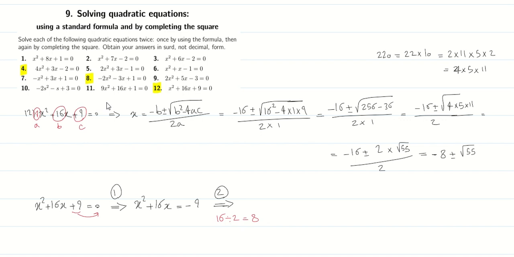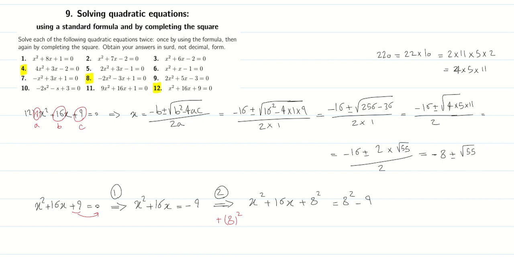Then if you square it, it would be equal to 8 squared. So I have to add this to both sides of the equation in here, plus 8 squared. So if I write this as x squared plus 16x plus 8 squared is equal to 8 squared minus 9.